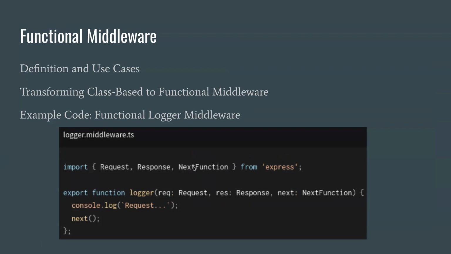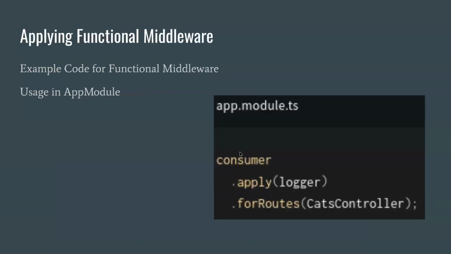If we were to convert our logger middleware that we saw from class-based to functional middleware, this is how it would look. And you can apply functional middleware in the same way as class-based middleware. Here, we're applying the logger function, which is functional middleware, to the CatsController.